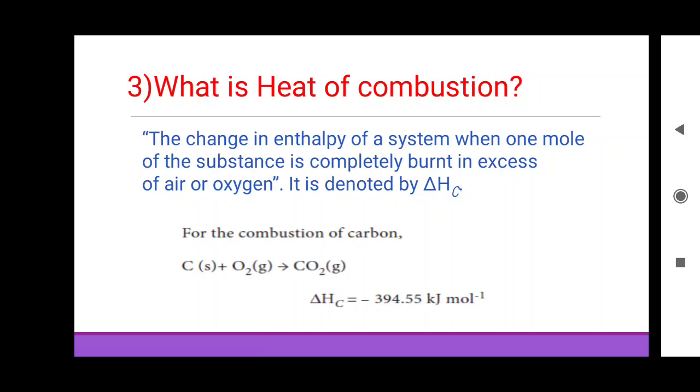So what is the delta H value regarding the combustion? Delta H C equals minus 394.55 kilojoule per mole. So you take 1 mole of carbon, completely burned in excess of air, that is oxygen, and it gives carbon dioxide. The delta H value in the combustion is minus 394.55 kilojoule per mole. That is called heat of combustion.